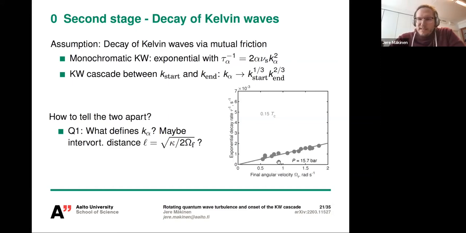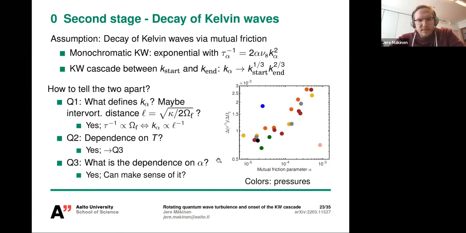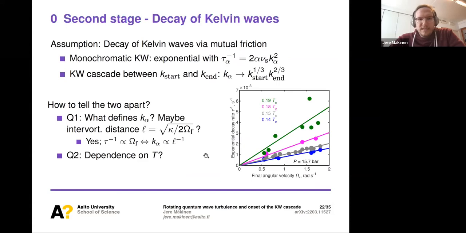So if we plot this inverse of the time constant as a function of the final rotation velocity, which is essentially vortex density, we see that it's indeed a linear dependence that seems to even go through zero for zero angular velocity. Okay, so that indicates that this k alpha is indeed proportional to 1 over the intervortex distance.